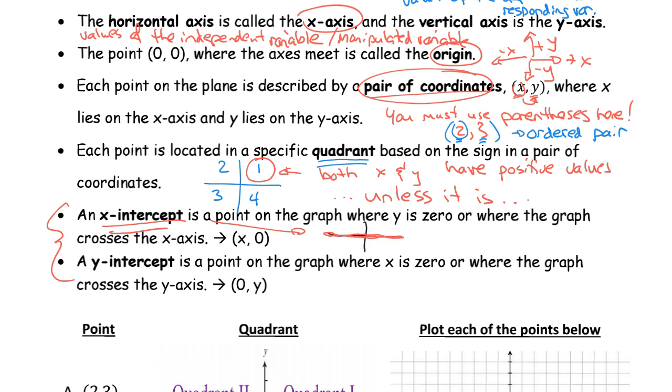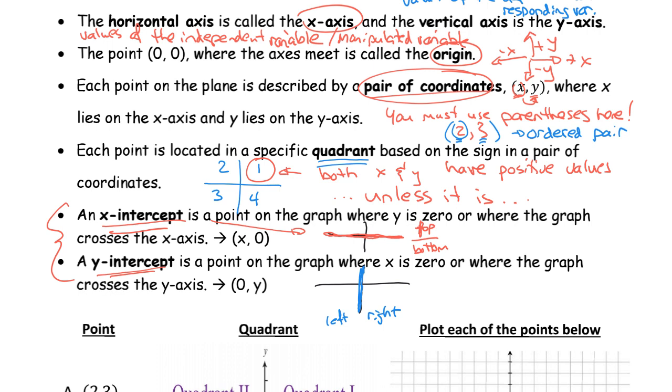They are in between the top of the plane and the bottom of the plane. They're on that boundary between the top and the bottom. A y-intercept, on the other hand, is where the x-coordinate is 0, and that's going to amount to this. And this is on the boundary between the left side of the plane and the right side of the plane.